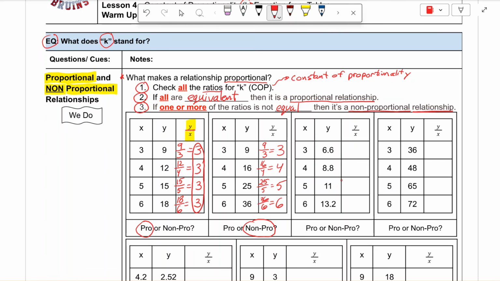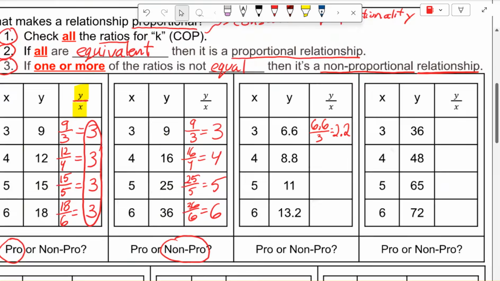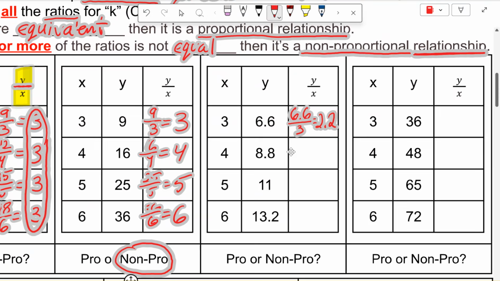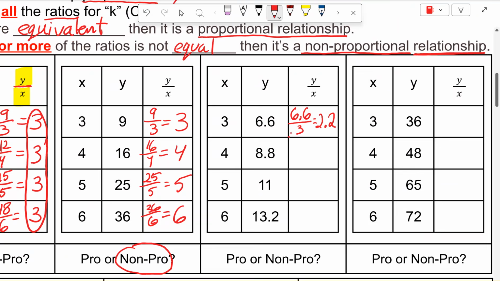Okay, the third one. Going into decimals here, this is 6 and 6/10. So we carefully write it down with the decimal in the correct spot. Calculators would be helpful in this one. This one is going to be 2 and 2/10. Really tight in the boxes, so write small. You want to erase it, clean it up, or you can stretch it into this box. 8 and 8/10 divided by 4 is 2 and 2/10.